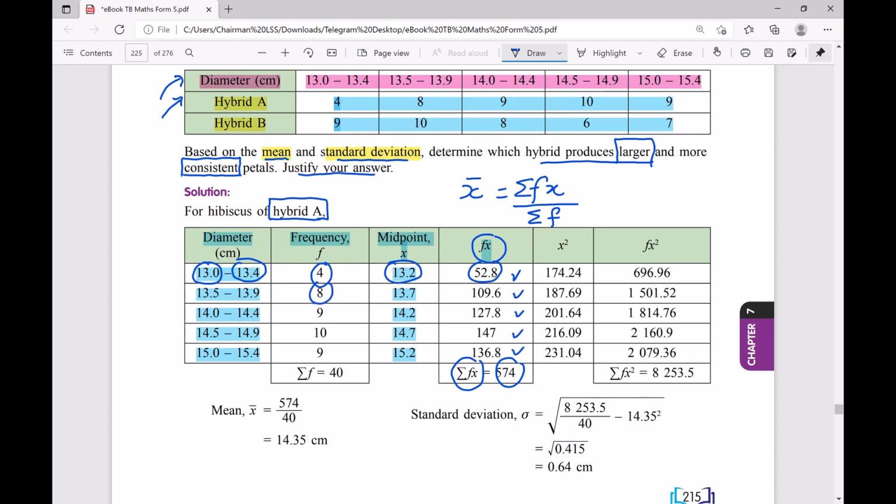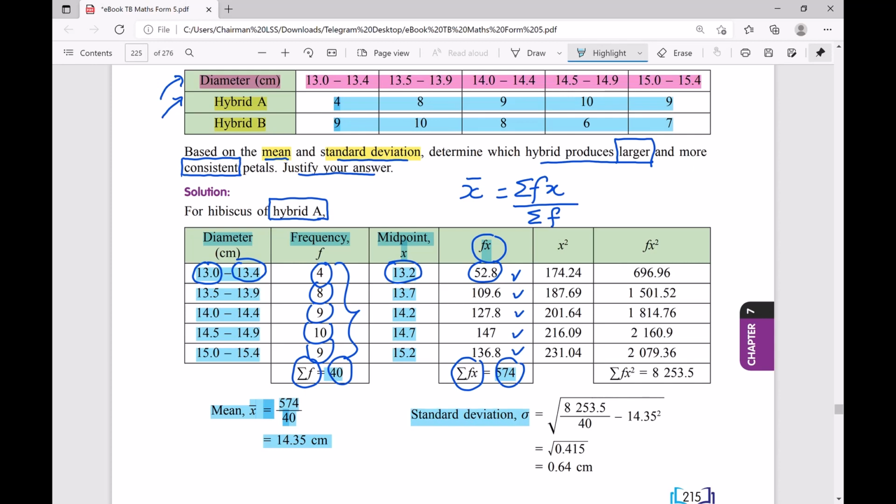Your frequency also, you sum it up, the total frequency is 40. So your mean will be 574 divided by 40, so you get 14.35.